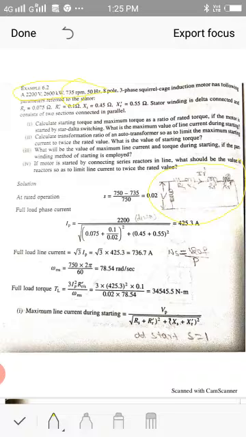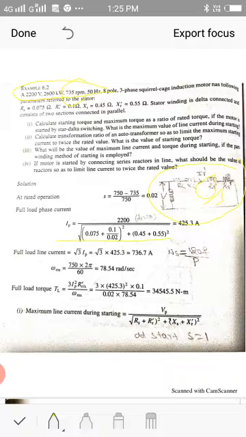Here also I need to calculate the primary current, that is the stator current. That is nothing but this equation: 2200 divided by the square root of (Rs plus Rr dash by s, that is 0.075 plus Rr dash divided by s, whole square, plus the reactance term squared). You just have to apply Ohm's law here.